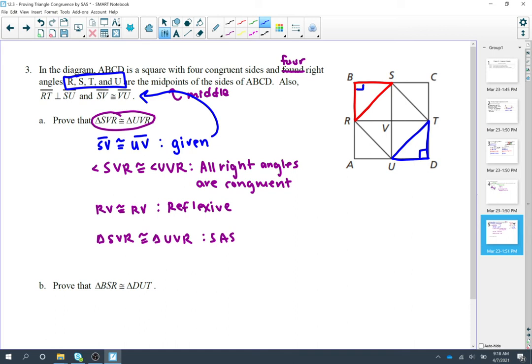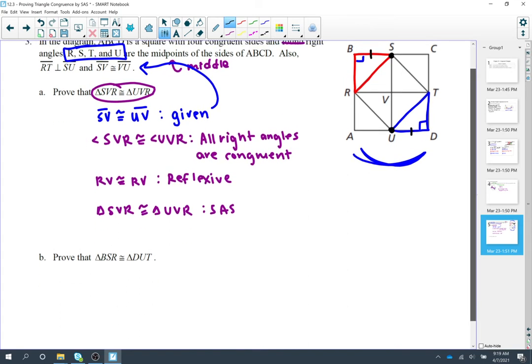So if this is a square, I know that BC is congruent to AD because squares have the same length sides, and then S cuts it in half, and U cuts it in half, which means this guy has to be congruent to that side because we started with the same total length, and then we cut it in half.